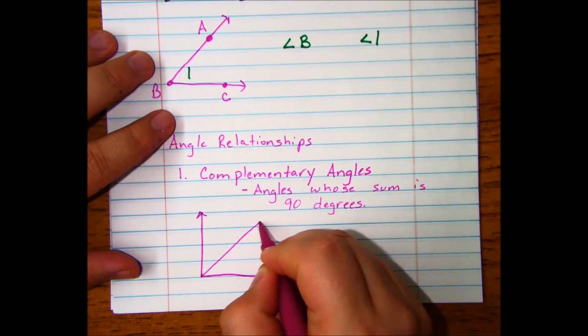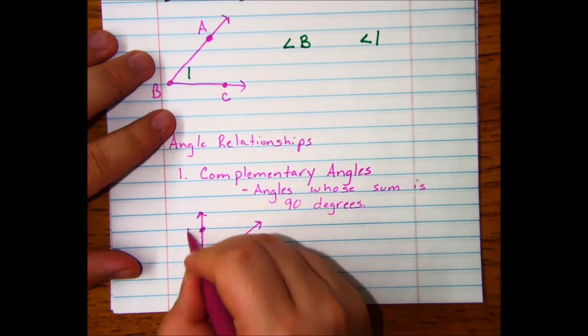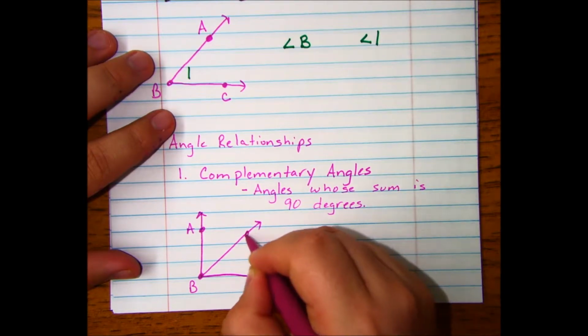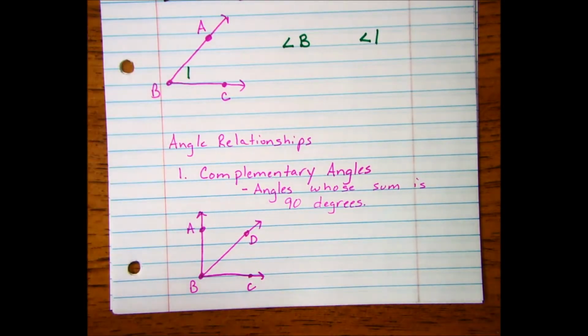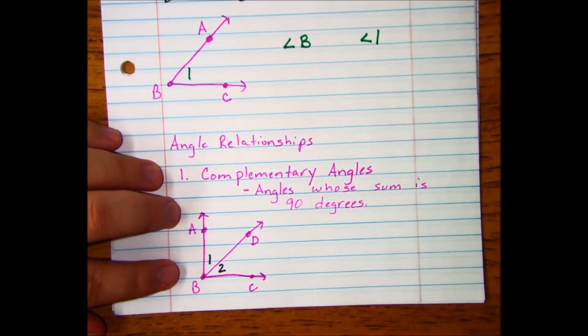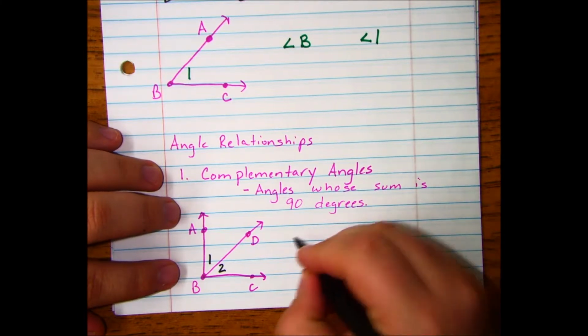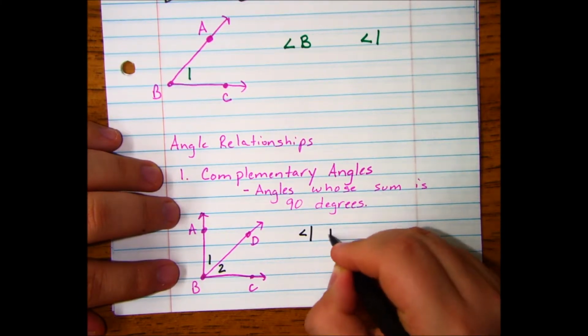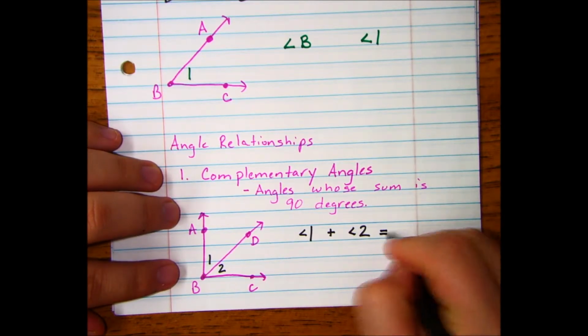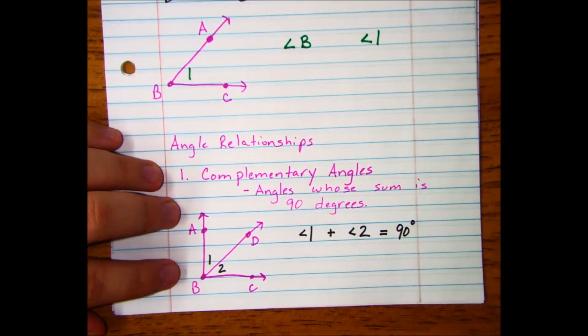So, for example, I have an angle here. And I'm going to call this angle 1 and angle 2, so I know that there are two angles. I'm going to take the sum, angle 1 plus angle 2, and I'm going to say they are 90 degrees. So I know that they are complementary.